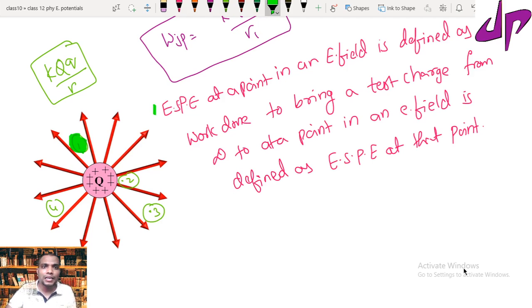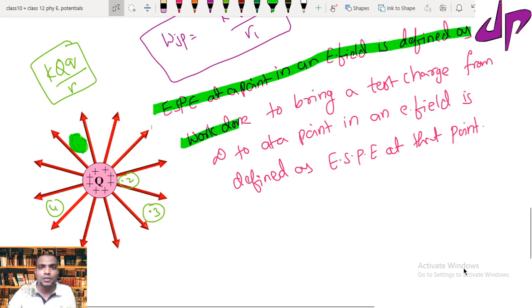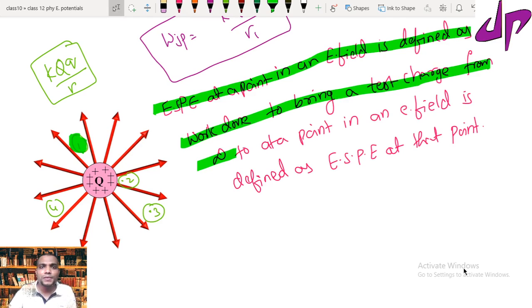See the definition again: electrostatic potential energy at a point in an electric field is defined as the work done to bring a test charge from infinity to a point in an electric field.